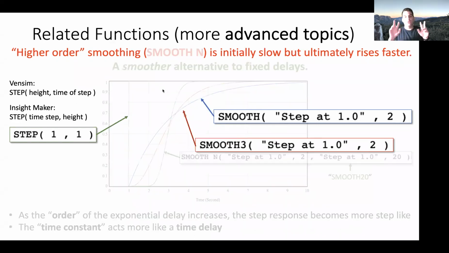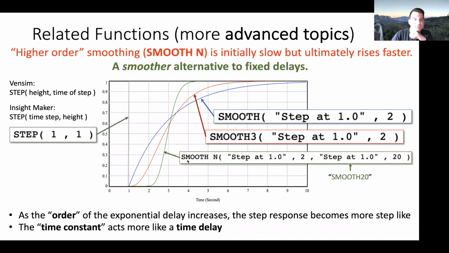If you increase the so-called order of the delay, so in this case, there's this thing called a smooth in, you can get closer and closer to approximating a fixed delay with a smoothing delay. And so smooth in takes the same first argument as smooth. It takes the same second argument as smooth, but then it has a parameter here which allows you to change how many of these little smooths are chained together.